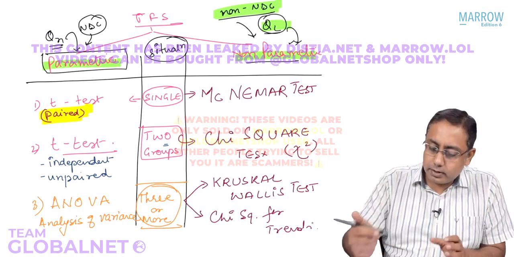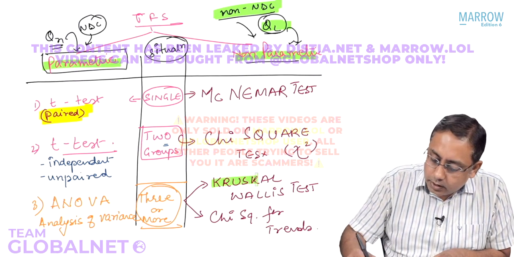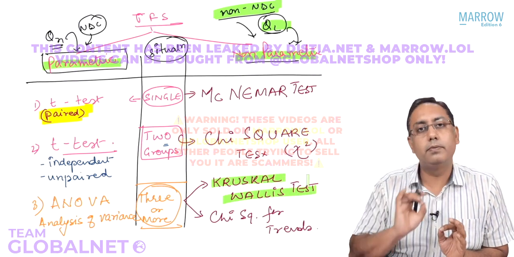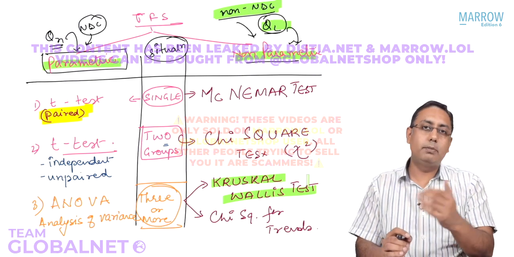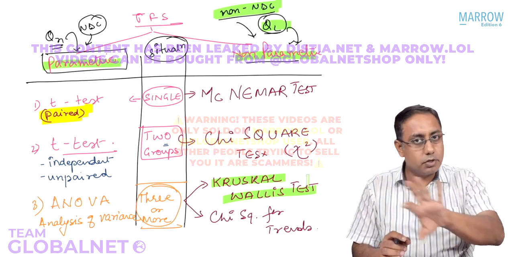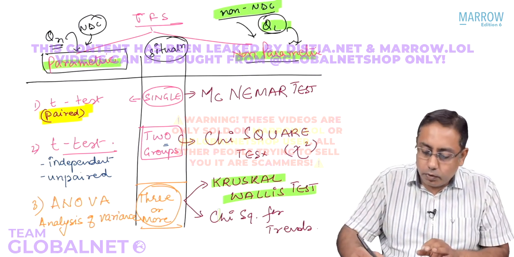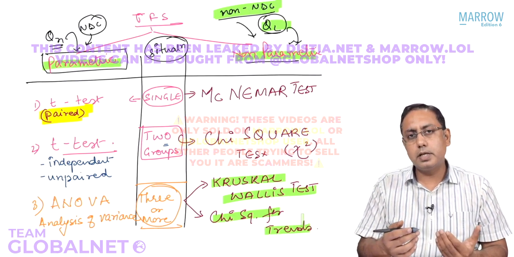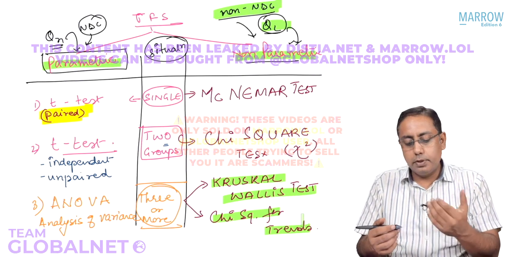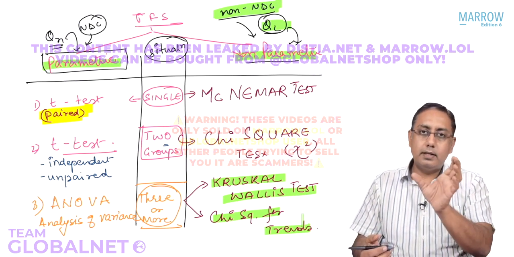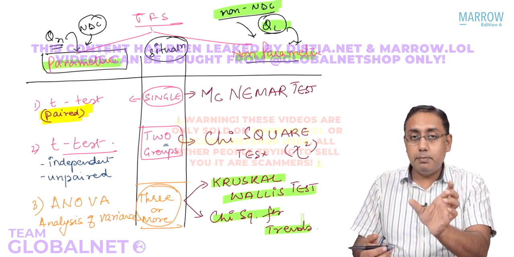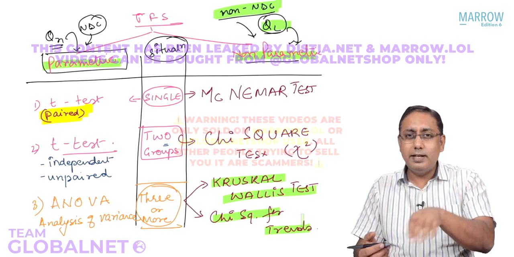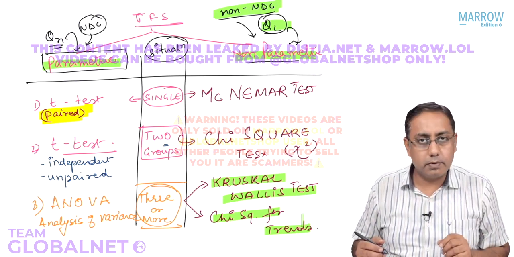Technically speaking, the test of significance you are going to mark is Kruskal-Wallis. But I'm just preparing you for the bad option. In case Kruskal-Wallis is not there in the options, you can very well go with the chi-square for trends option. So in certain situations, chi-square can also be used for 3 or more groups, and the test is slightly changed. It's called the chi-square for trends test.